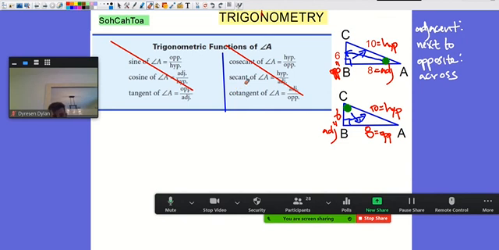Okay, so now let's go ahead and talk about this blue box.